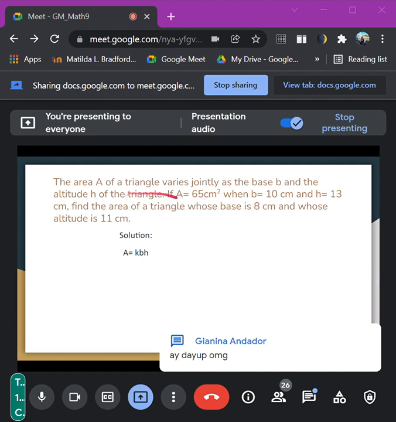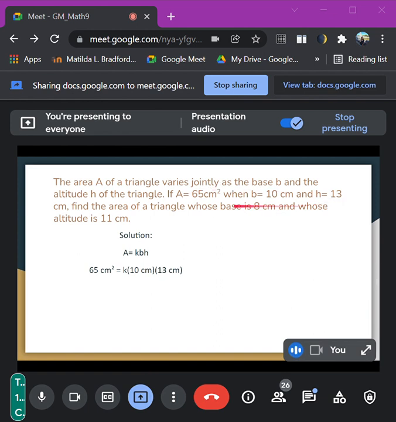Okay? Now, let's find our k. So, we substitute our givens: 65 cm squared is equal to k times 10 cm times 13 cm. And then 10 times 13 is 130 cm squared k. Remember to multiply the cm as well: cm times cm is cm squared.